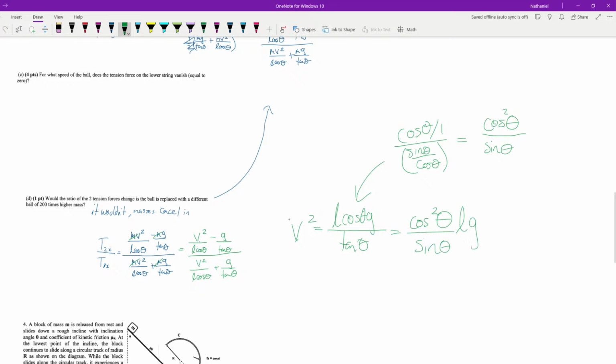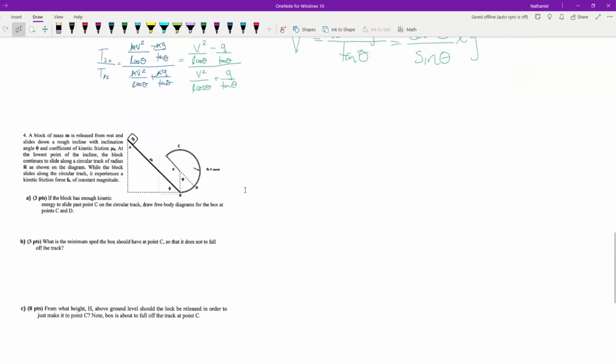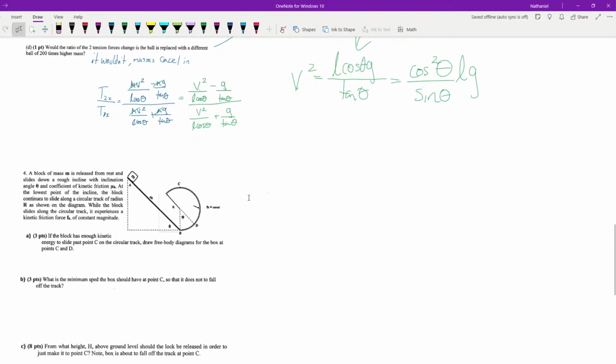L times cos. Another thing we could do is turn this into 1 minus sine squared theta. Okay, so that's the speed where those are equal to each other, so they're equal to 0, right? So, sorry, the subtraction of them is equal to 0.